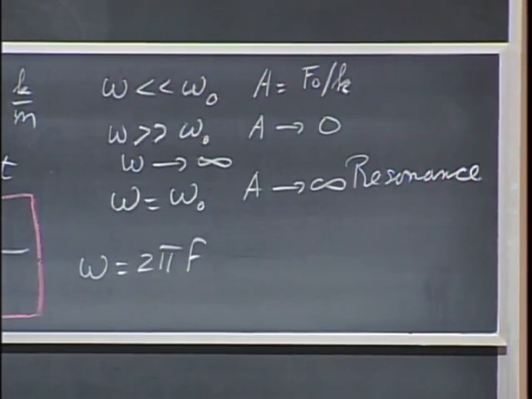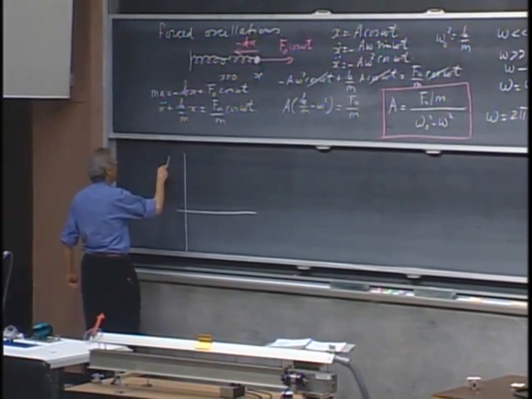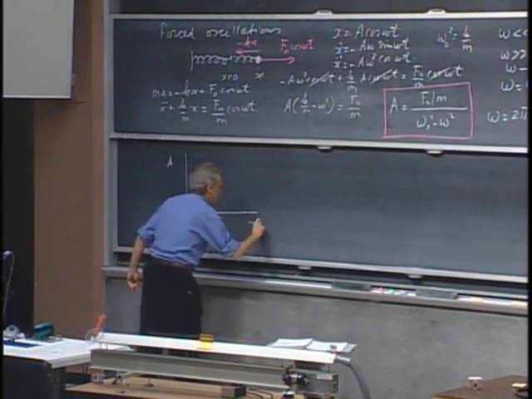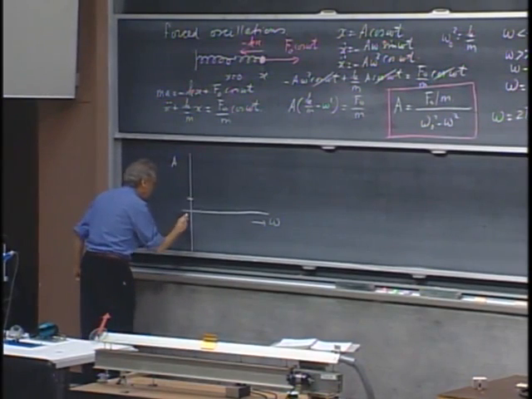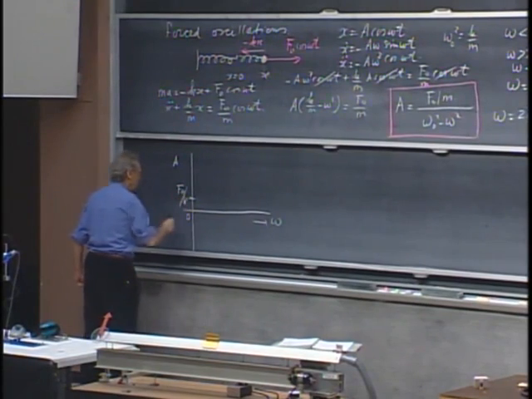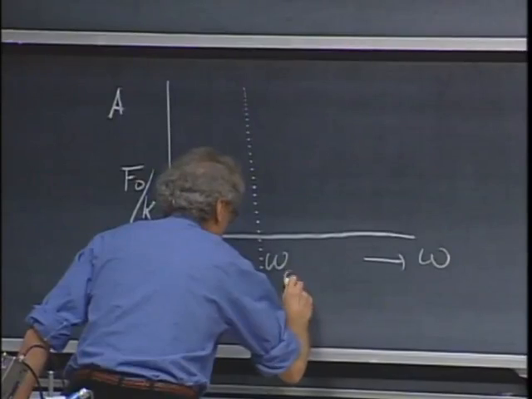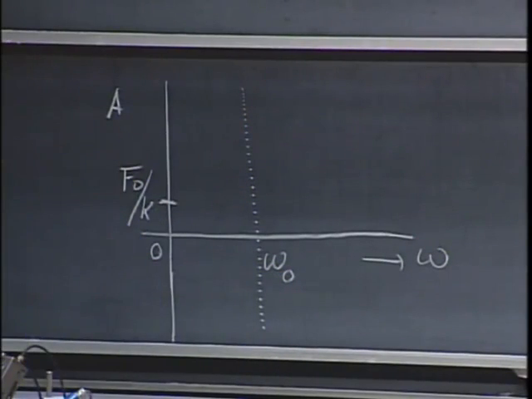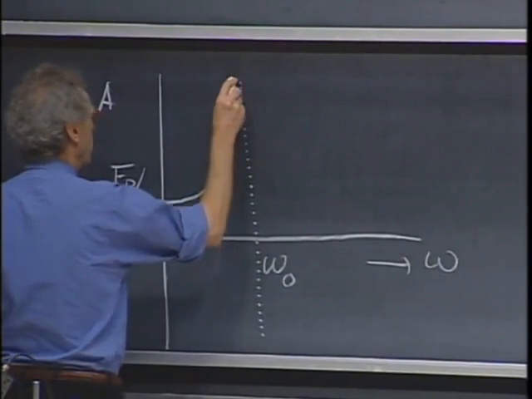So if I make a plot of the amplitude versus frequency omega, then at low values I have here f0 divided by k as the amplitude. When I hit the resonance frequency, the natural frequency of the system, it goes out of hand, goes to infinity.